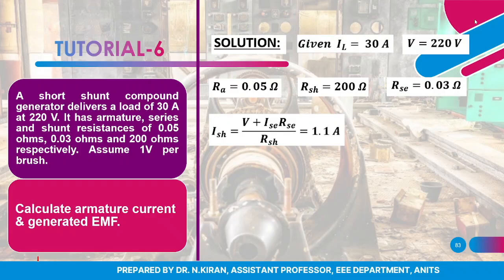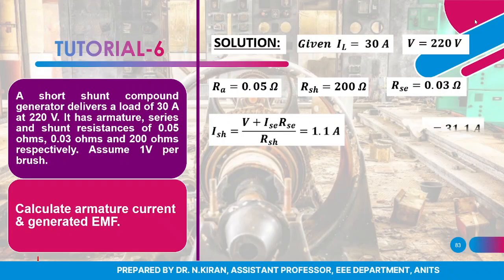So it is V plus ISC RSC by RSH. V value we already know. Since it is short shunt, ISC is equal to IL, so ISC will also be equal to 30 amps. RSC value we know, RSH value we know. If you substitute, that will give my shunt field current ISH to be 1.1 amps.